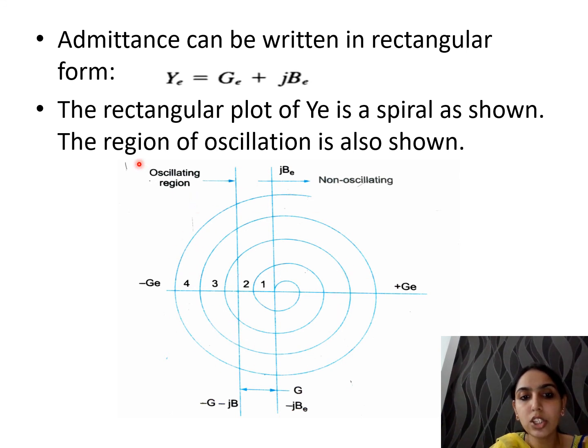The region of oscillation is also shown. Any value of the angle theta 0 dash for which the spiral lies to the left of the point minus G minus jB represents the oscillating region, and to the right it represents the non-oscillation region. So we can see that our admittance YE will be a spiral of non-linear nature, and the oscillation condition and the oscillation region are explained.